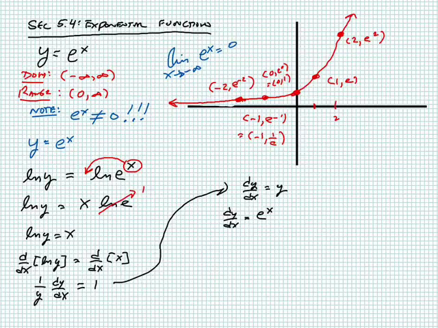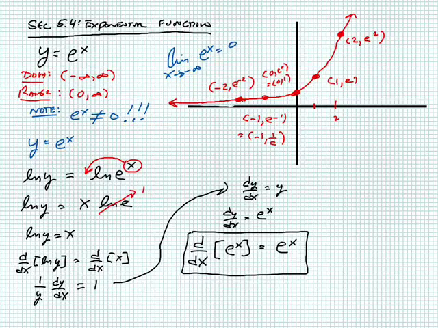This is actually a really interesting differentiation rule, because the derivative of e to the x is just e to the x. And e to the x is the only function where the derivative is the same as the function. This is a pretty cool result, I think, because if I go up here, the function is e to the x, but the derivative is also e to the x.